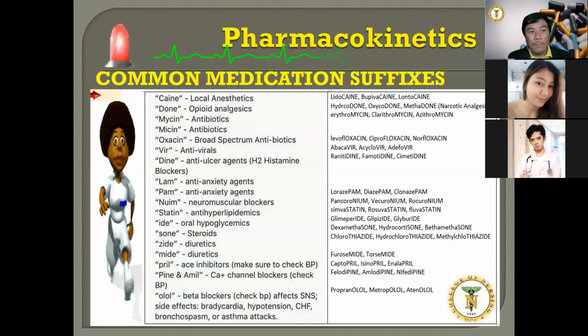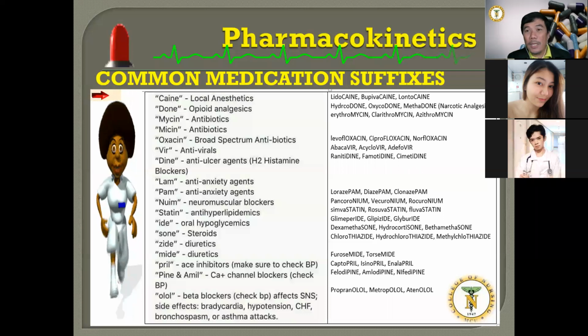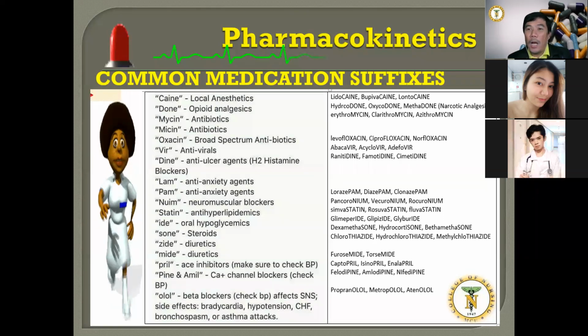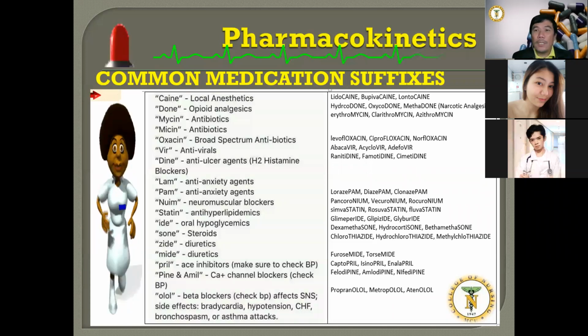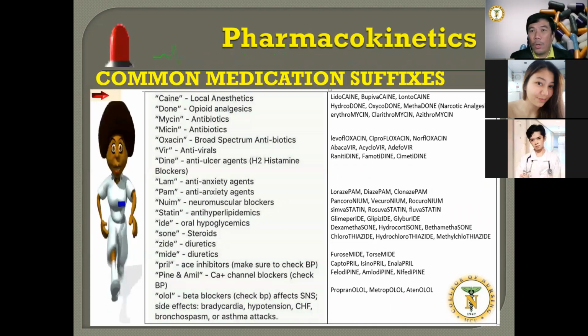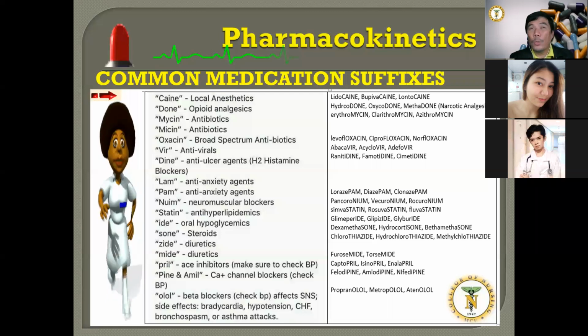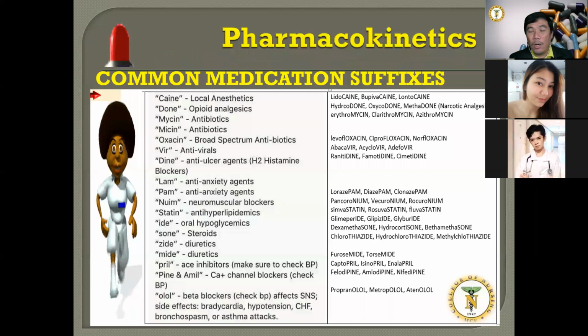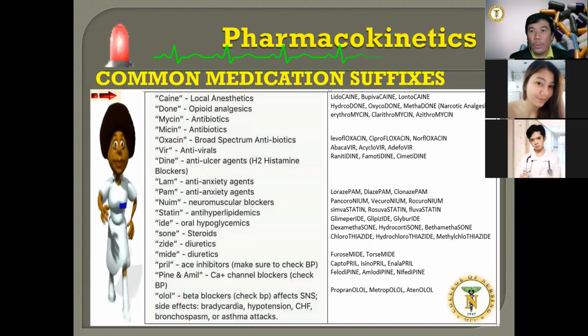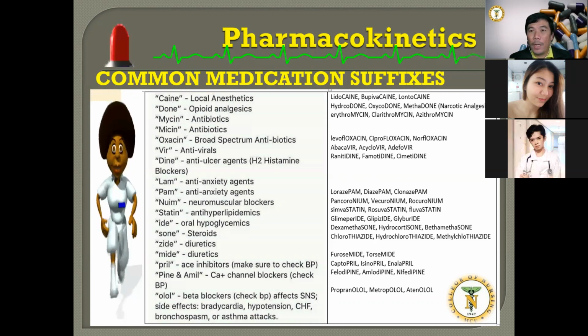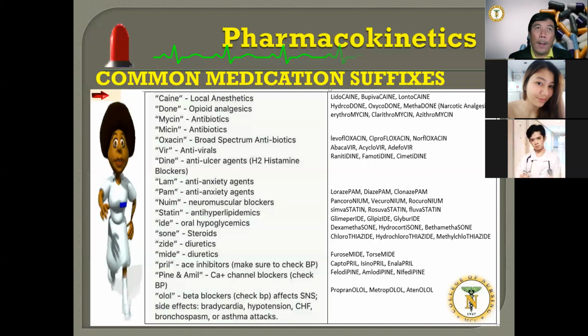The gram stain test and the culture and sensitivity test are usually done to identify the common cause of the microorganism of a particular infectious or communicable disease.